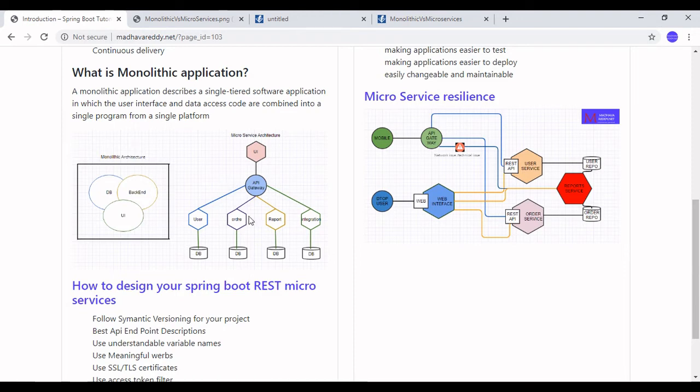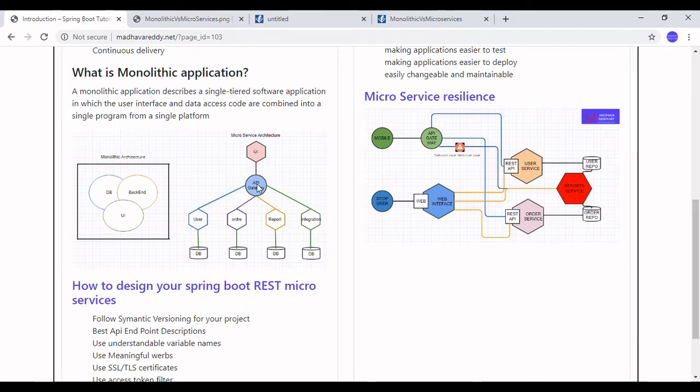Okay, how are we going to solve this with microservice architecture? Microservice architecture is a style. Here we divide the application into smaller units. That means UI as a separate service, API gateway as a separate service, user as a separate service, order as a separate service, report as a separate service, and integration as a separate service.